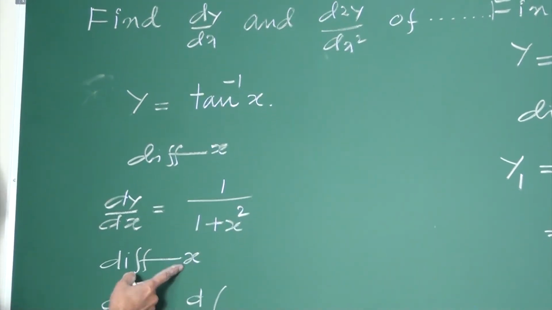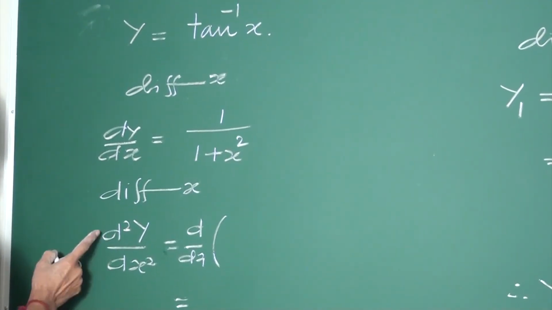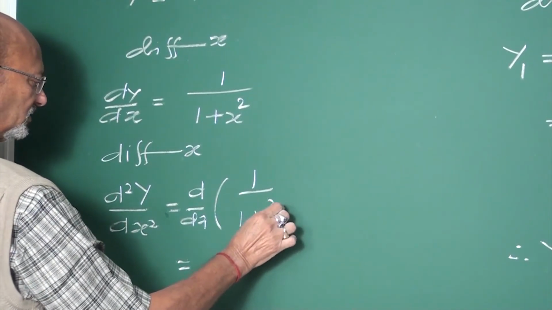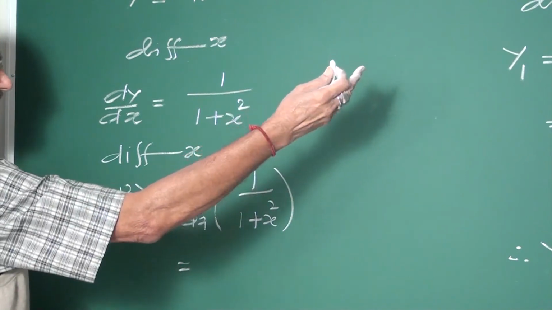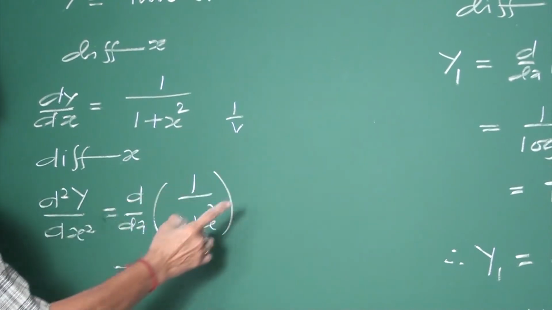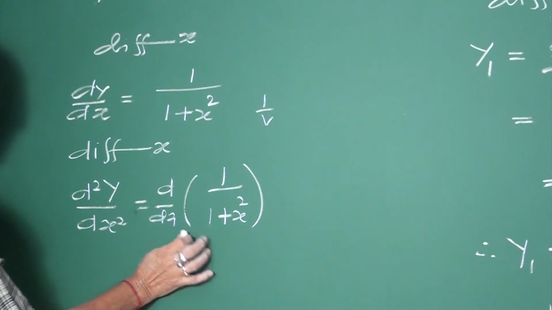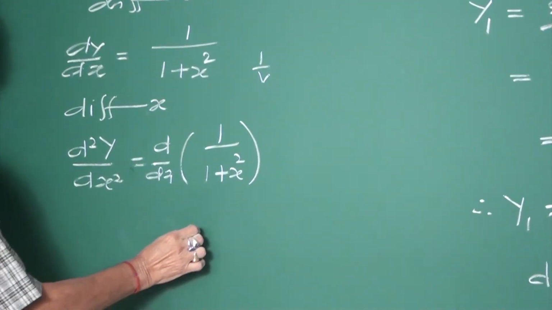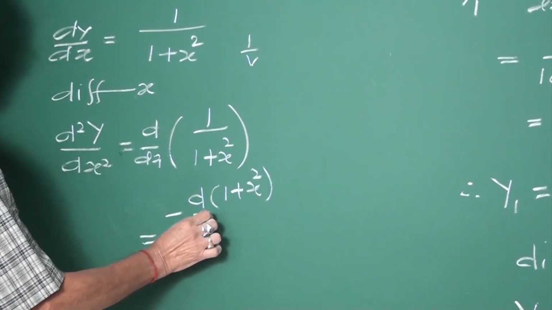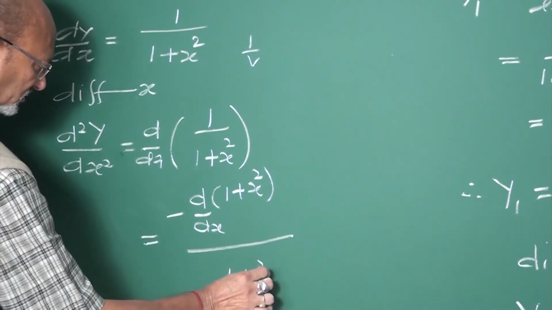Differentiate again with respect to x. The derivative of the first derivative is the second derivative. Symbol to write: it is 1 upon 1 plus x square. What is this? My friend, I have written there, it is 1 by v. What is the derivative of 1 by v? Minus the derivative of the denominator, down is the square of the denominator.